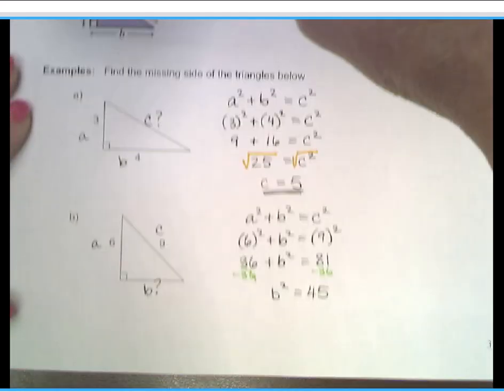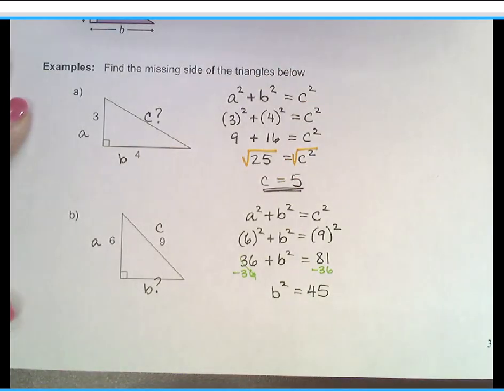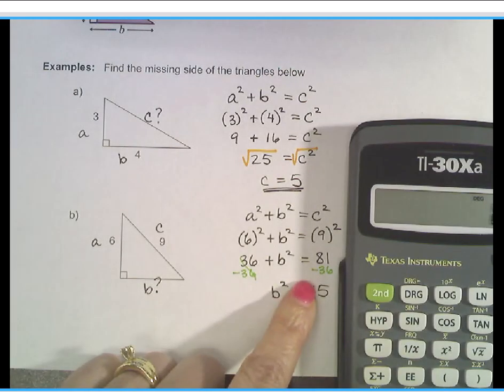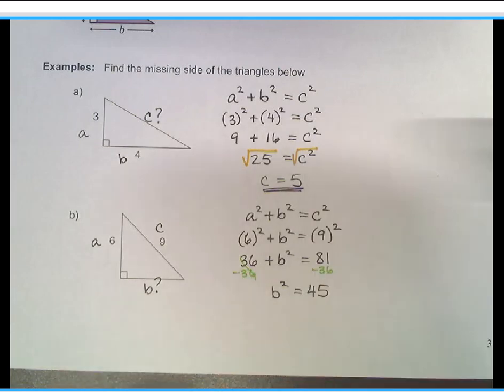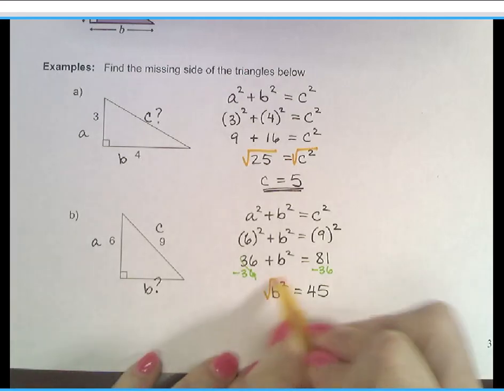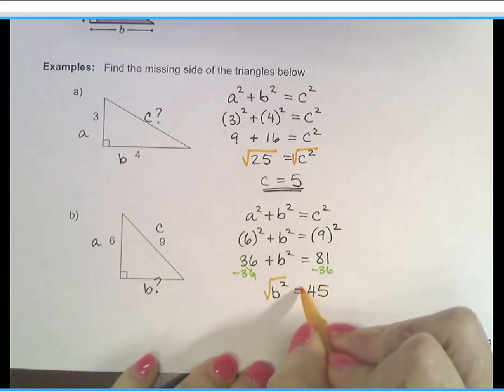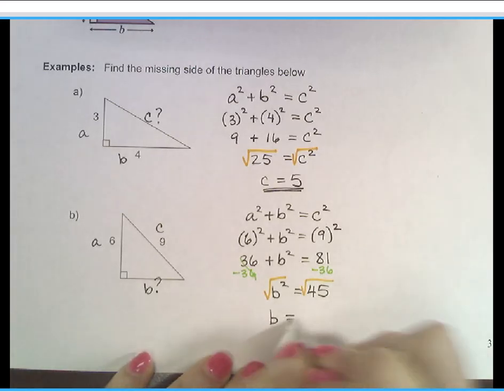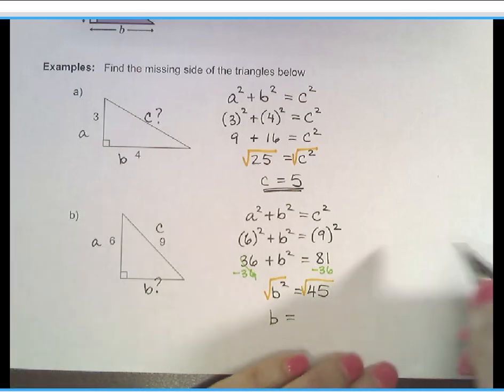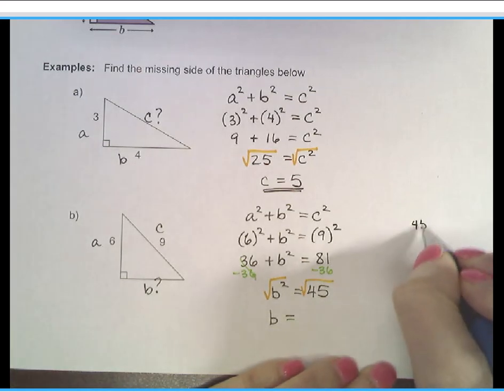45. And see, all these little calculations you can just do on any little calculator, like 81 minus 36. See, it's just 45. Okay, so now I have to square root to get that down to B, which means I have to square root the other side. So let's think about this. 45, let me come over on the side and just do a little factor tree.